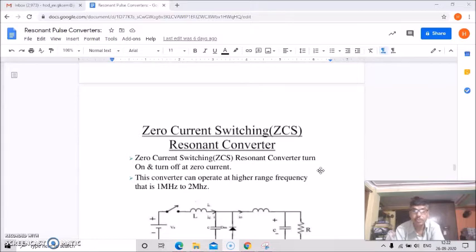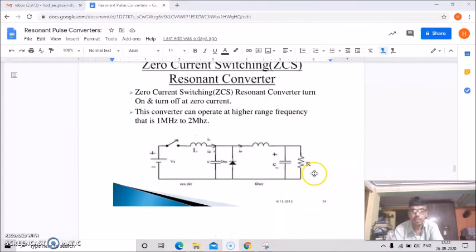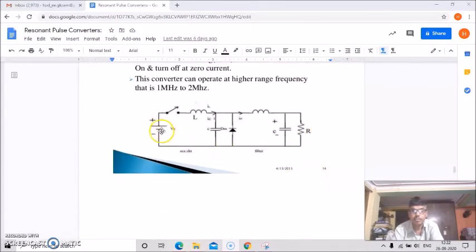Similarly, zero current switching resonant converters turn on and turn off at zero current. This converter can operate at a high range of frequency, that is 1 megahertz to 2 megahertz, and this is the circuit diagram. Okay, so this is a ZCS circuit, and this is the filter.